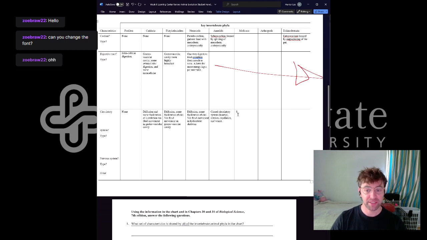All right, so Mollusca. Some species have an open circulatory system, unlike Annelida, and some have a closed circulatory system. For example, squid and octopus. So an exception to the trend here.